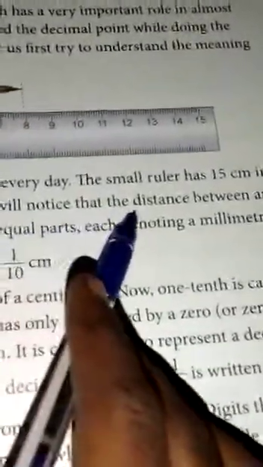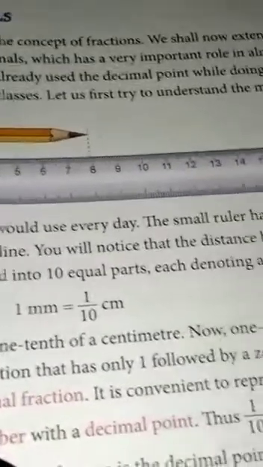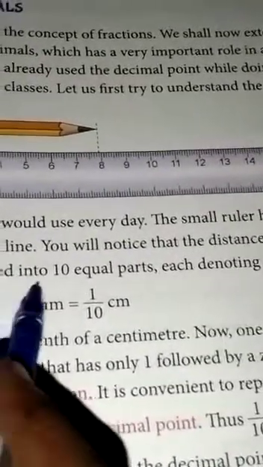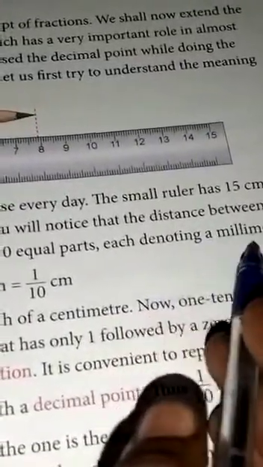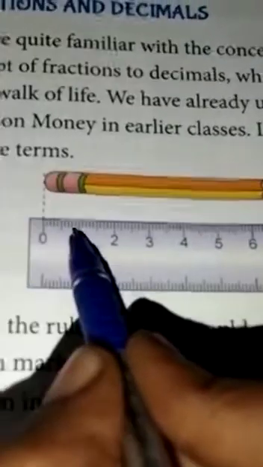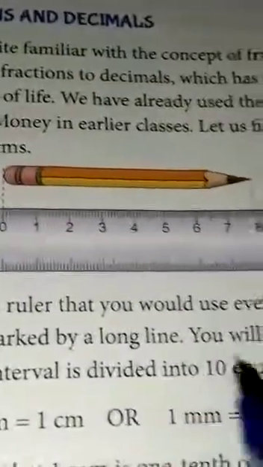You will notice that the distance between any two centimeter marks is divided into 10 equal parts, each denoting a millimeter. So students, from this line to this line is the distance of 1 centimeter.